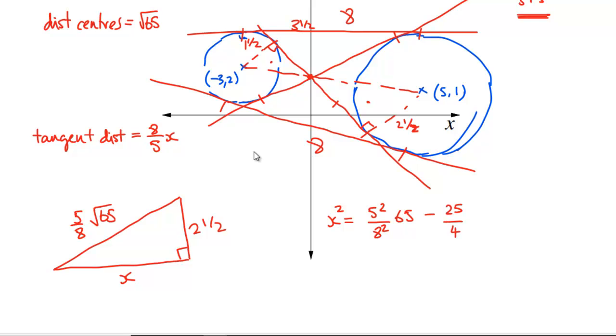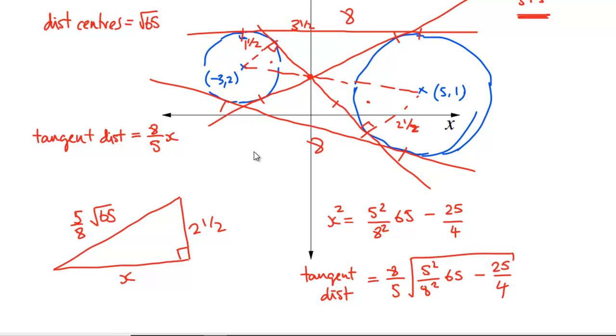Right, so we've got all of that. So we need to square root that and multiply by 8/5. So the tangent distance is going to be 8/5 times the square root of 5 squared over 8 squared times 65 minus 25/4.